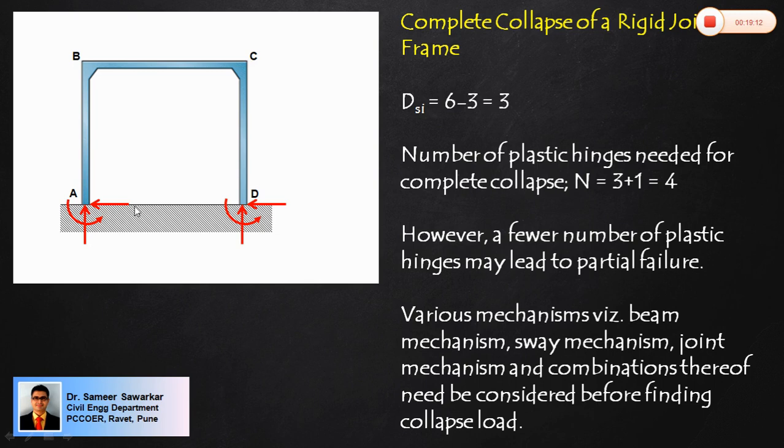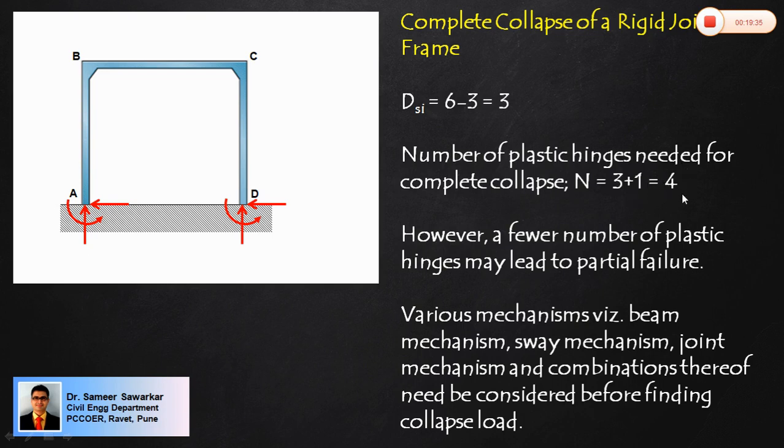These reactions I am deliberately showing to calculate degree of static indeterminacy. It is 6 unknown reactions minus 3 equilibrium equations, that is equal to 3. So as per the established theorem, number of plastic hinges needed for complete collapse N is equal to 3 plus 1, that is equal to 4.